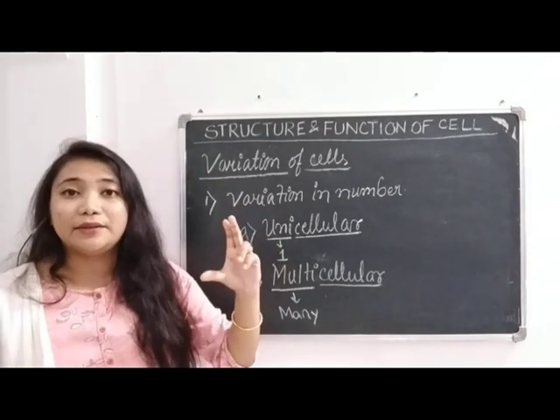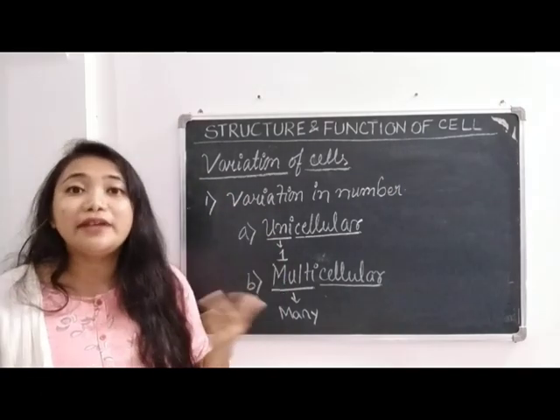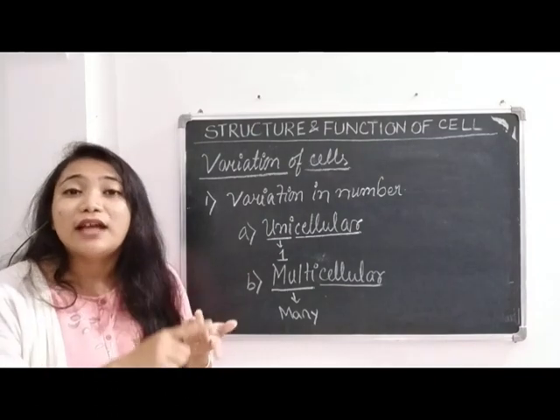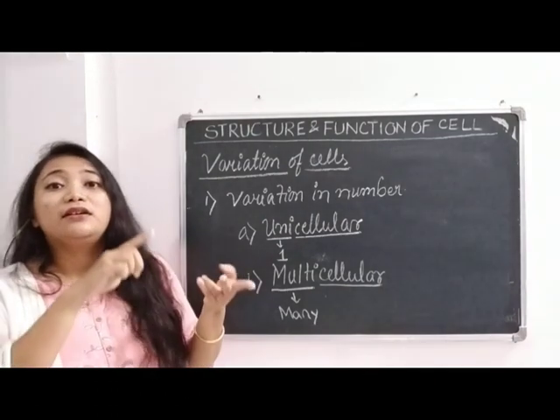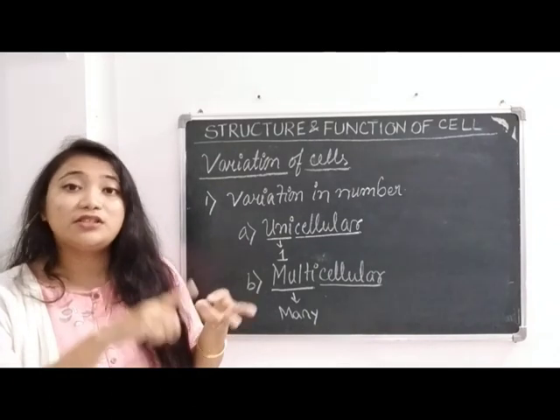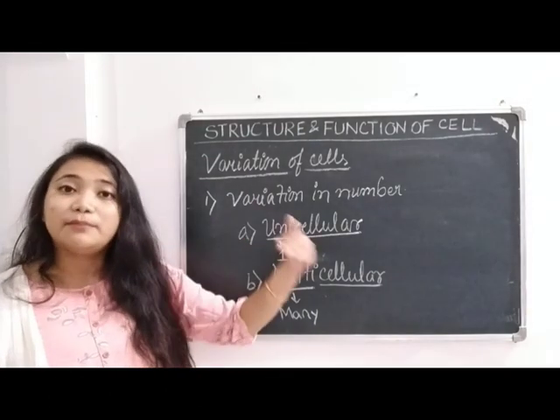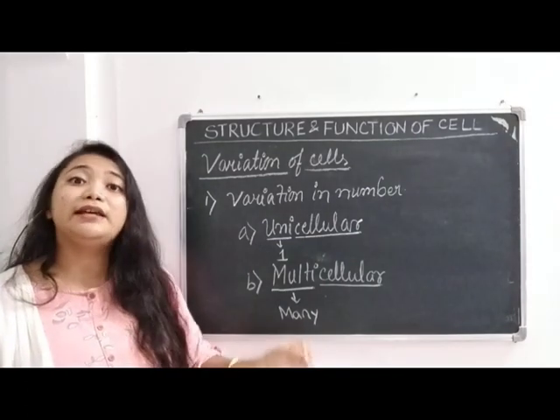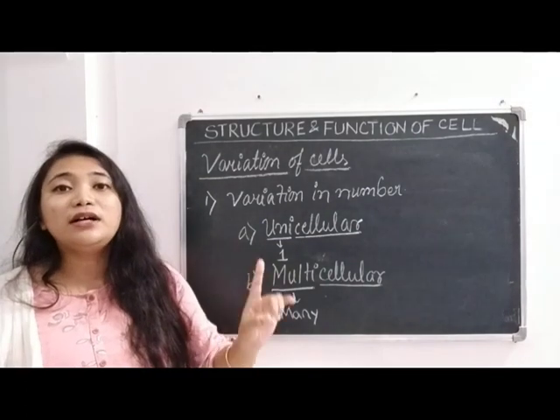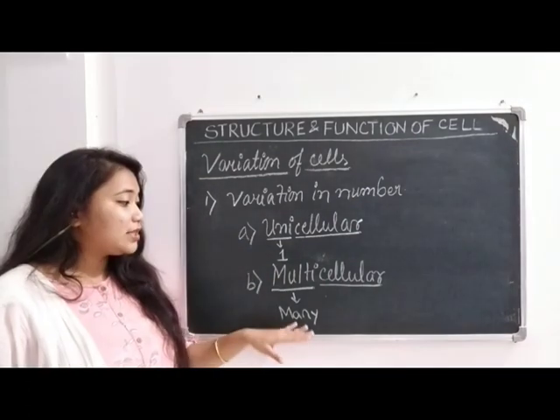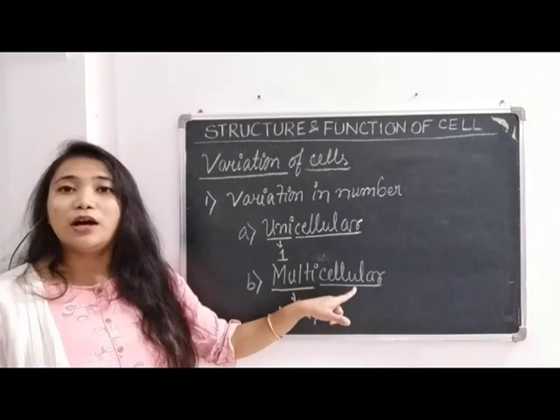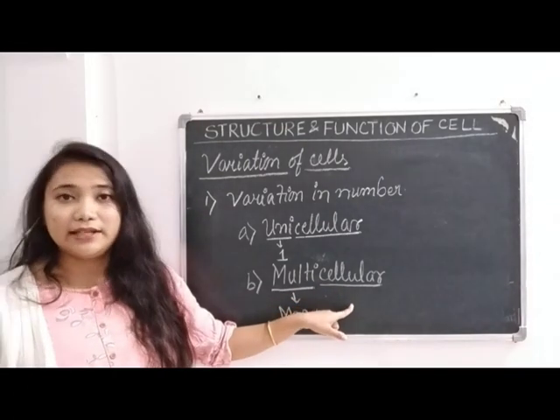Only one cell is there. And from the egg only, what do we get? We get the hen, we get the birds and all other birds, the lizards and the snakes. Those are multicellular organisms, but they will always start from a single cell. So this is one important point about the multicellular organism.